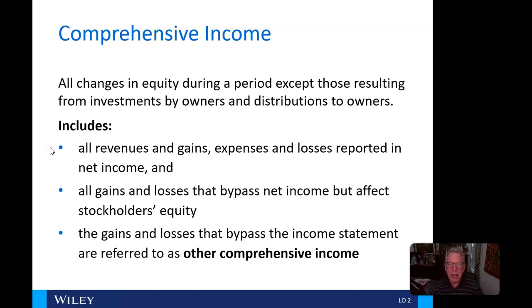All revenues and gains, expenses and losses reported in net income, and all gains and losses that bypass net income but affect stockholders' equity. Gains and losses that bypass the income statement are referred to as other comprehensive income.